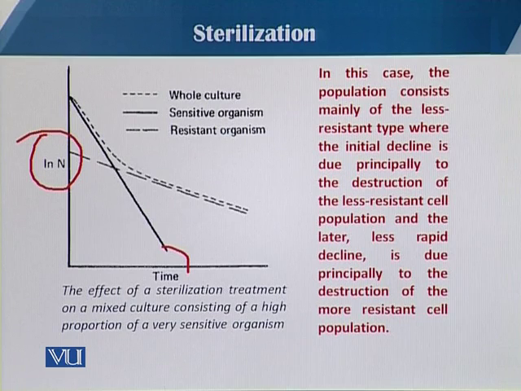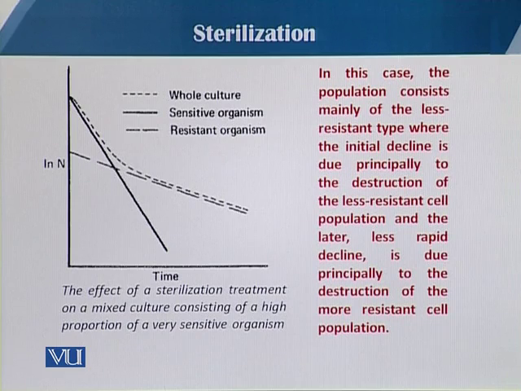As concerned the sensitive organism, the effect of the heat is very strong, but on the resistant organism, the effect of heat is less as compared to the sensitive one. These cases apply only when we are dealing with heat sterilization or moist heat sterilization.